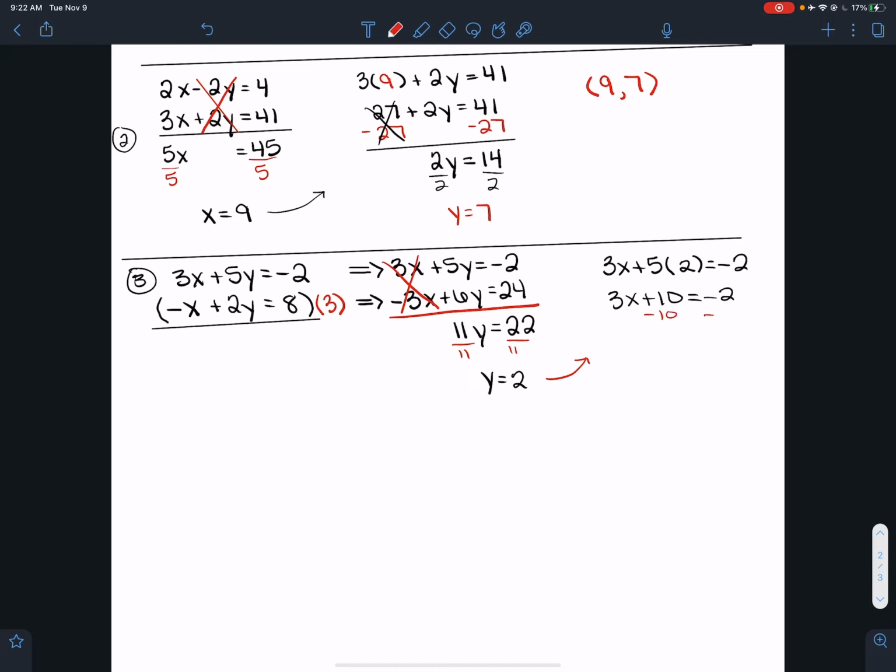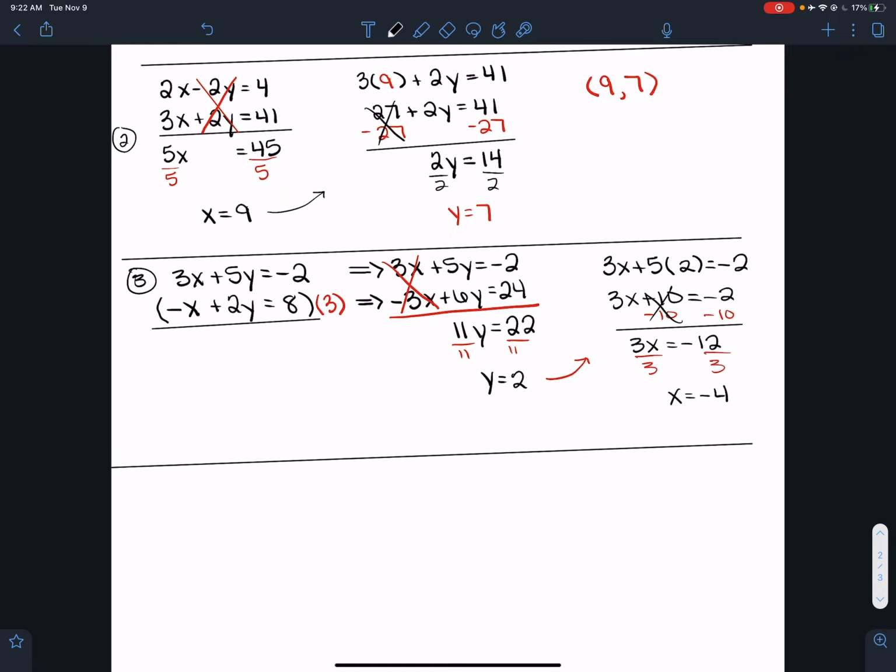Subtract 10 from both sides of the equal sign. So 3x equals negative 12. Divide both sides by 3. And we get x equals negative 4. Okay. So our solution is negative 4, 2.